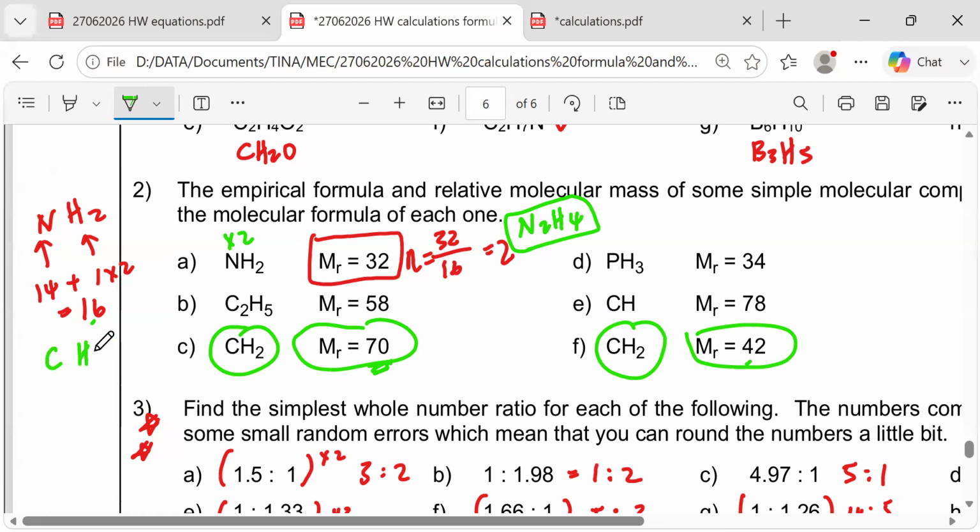Carbon is 12, hydrogen is 1 times 2, so 14. So you just take 70 divided by 14. How much do you get? Right? Okay. So then all you need to do is multiply this one by 5. So it's C5H10. Get it? Okay, do the rest now.